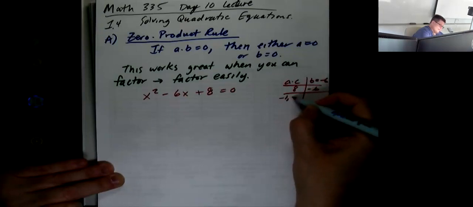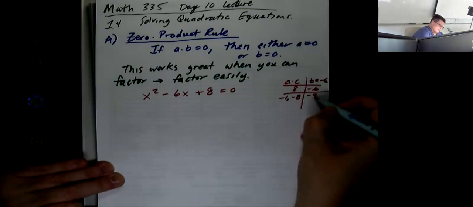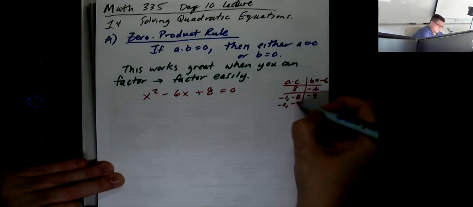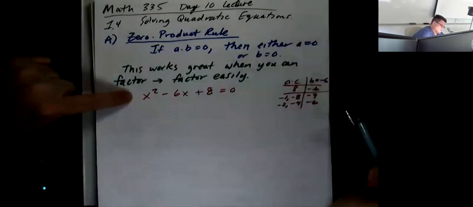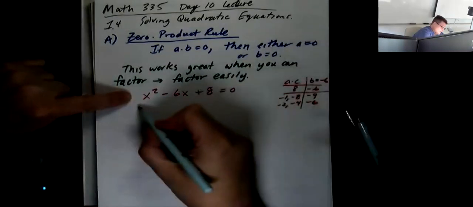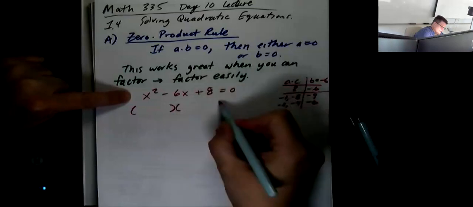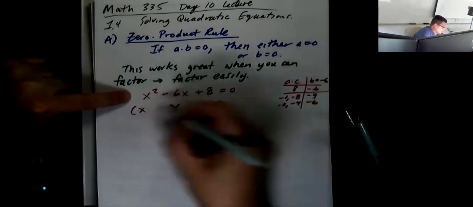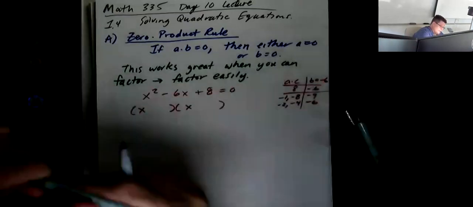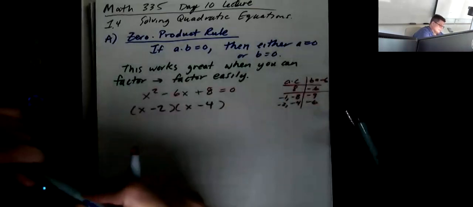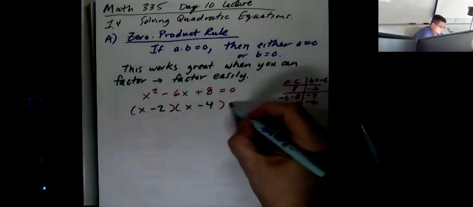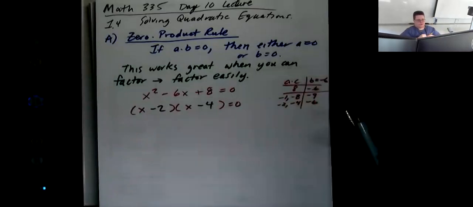Negative 1 and negative 8 don't work. Negative 2 and negative 4 do. Since there's no coefficient in front of x squared, we could immediately take those negative 2 and negative 4 and plop them in right here. We did this factoring before, now we're just adding the equals 0 part.